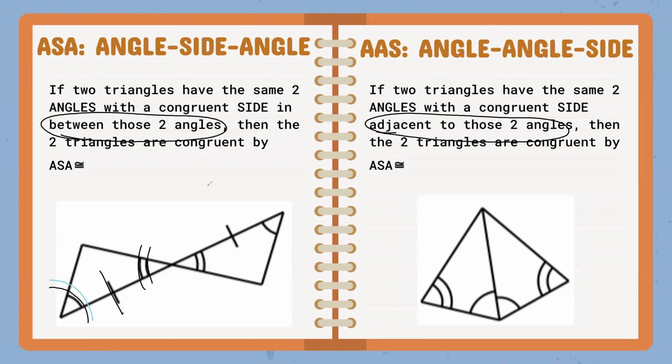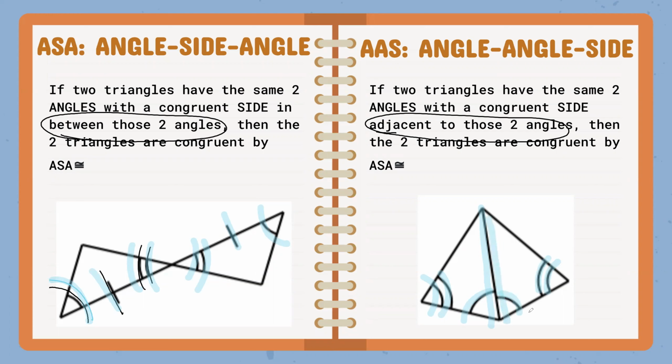Here we have angle, angle, side, angle, angle, side, angle. These are congruent by angle, side, angle. Here we have an angle, angle, side, right? Because two sides that share, they're congruent to each other. And then I have an angle, angle, side.